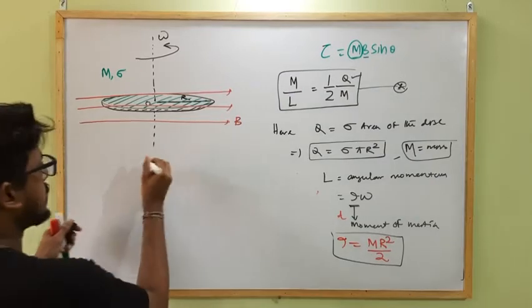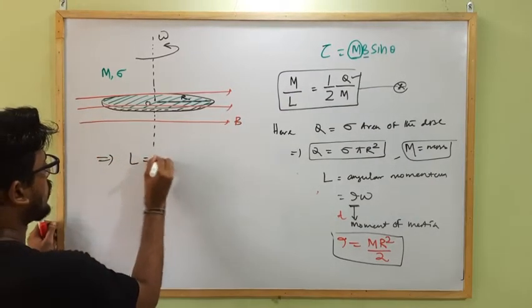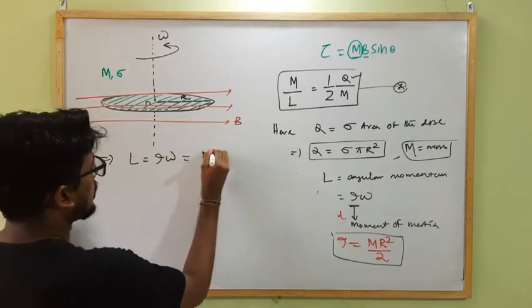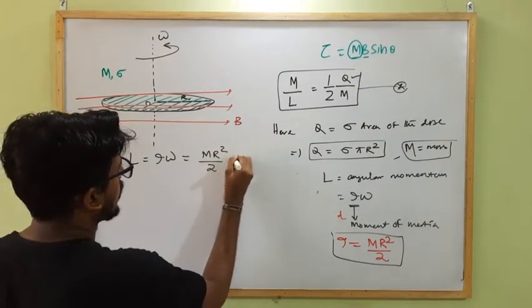So the angular momentum L equals I omega, which is equal to m r square by 2 into omega.